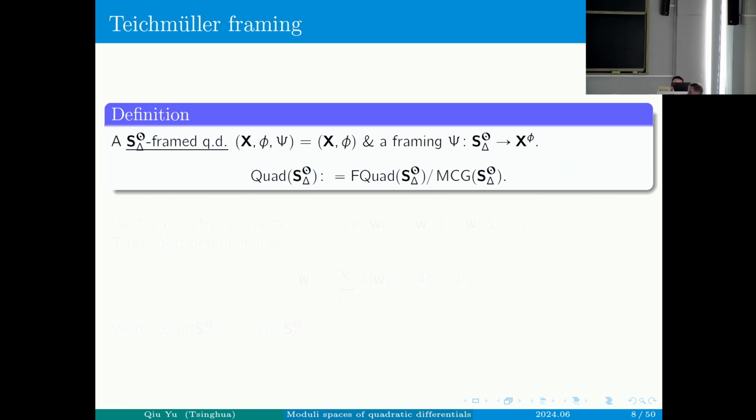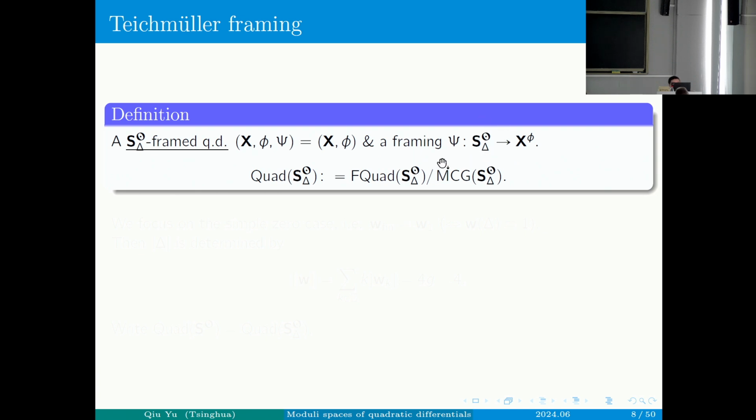So as I said, all the decorations, punctures, and boundary record all the information. Here you are just forgetting about the complex structure on the Riemann surface and only using topological data to identify with this surface.